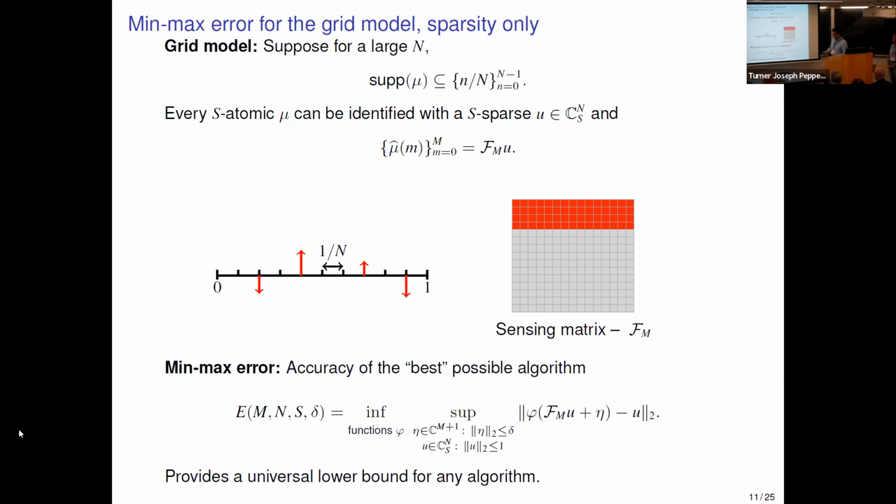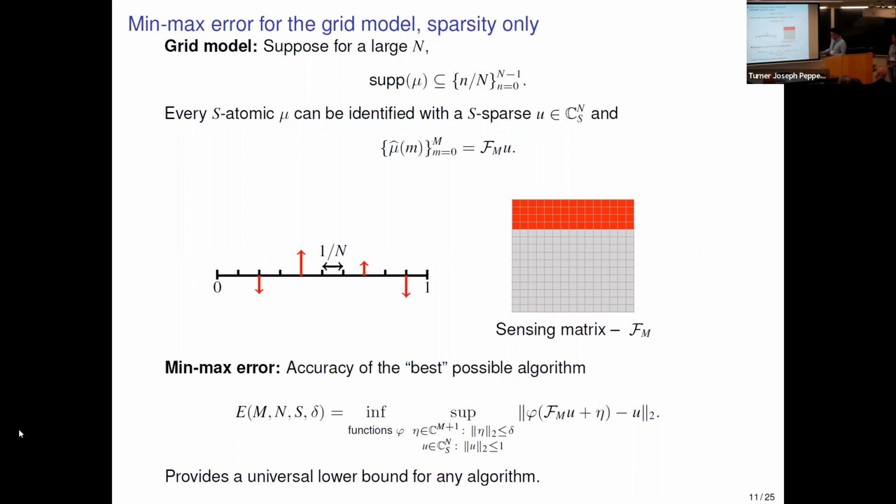So this is now one of the main differences between super resolution and compressed sensing. If we study this min-max error, we want to study the performance of any given algorithm. So what is an algorithm? It just takes data and it produces an estimate. So if phi is a function or an algorithm, it takes data of this form. This is our model. And then we measure accuracy in terms of the L2 norm. Of course, we take the sup over all perturbations of size delta, and then we have some normalization on the signals here.